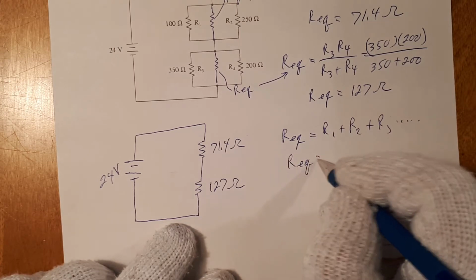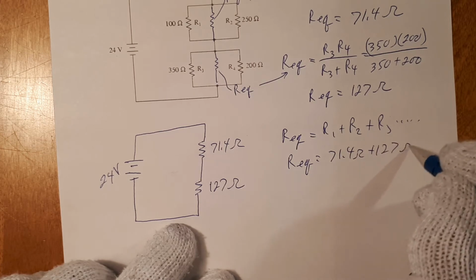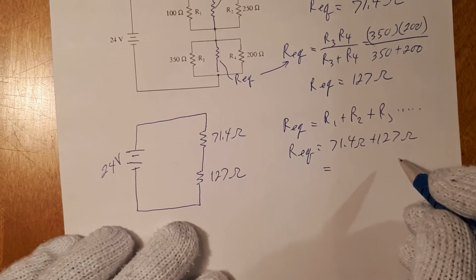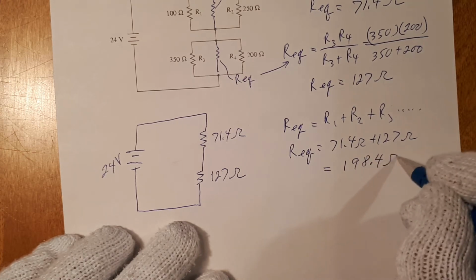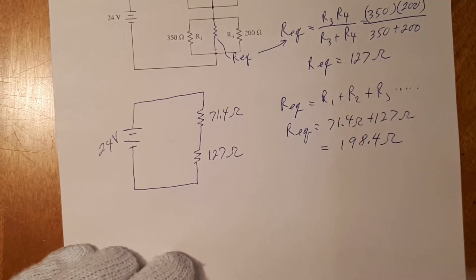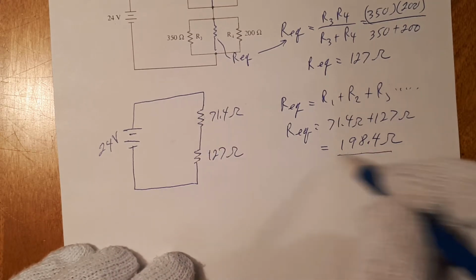In our case, it's equal to 71.4 ohms plus 127 ohms. And that is 198.4 ohms.